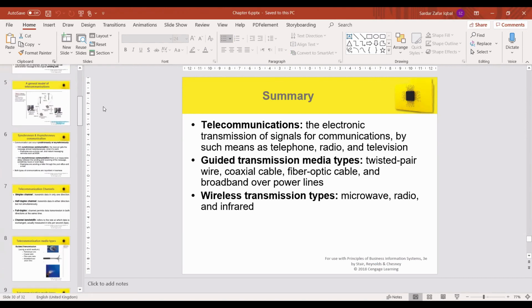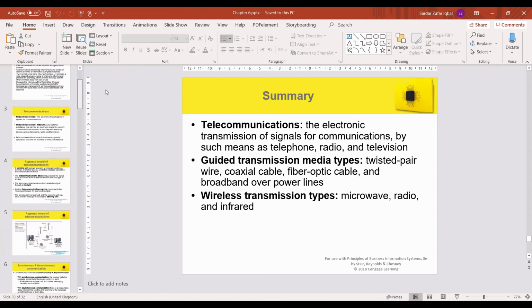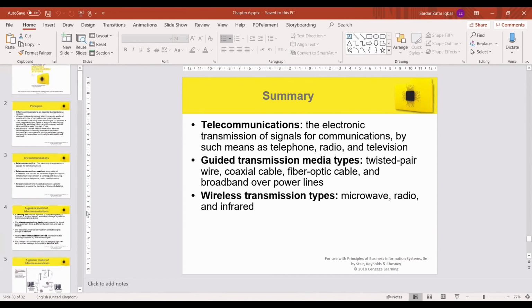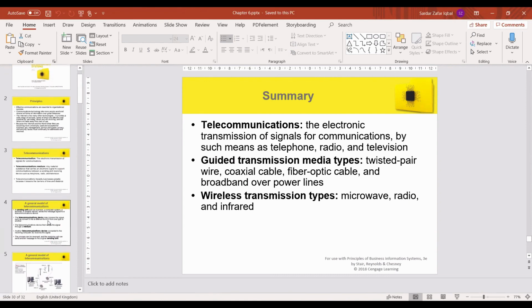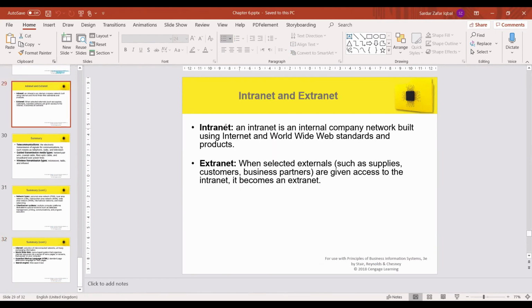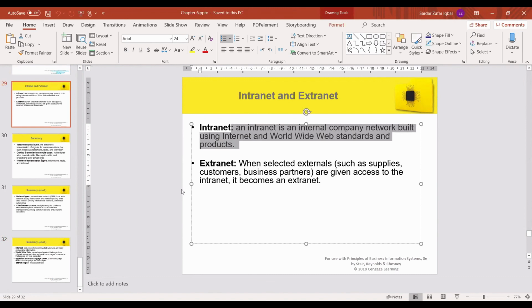For example, I gave you a question: define intranet. Okay. So what would be the answer? I write the definition. You will write the definition like this one.